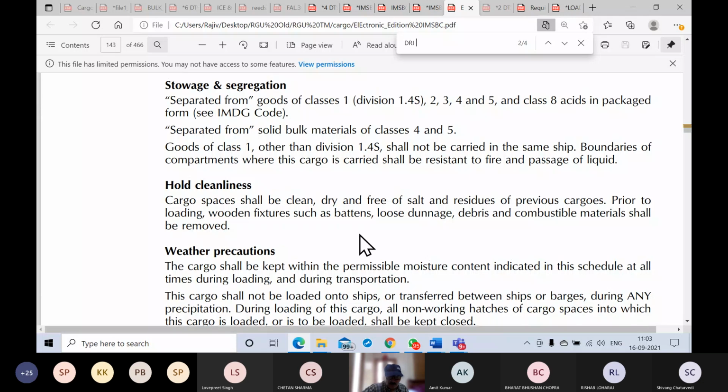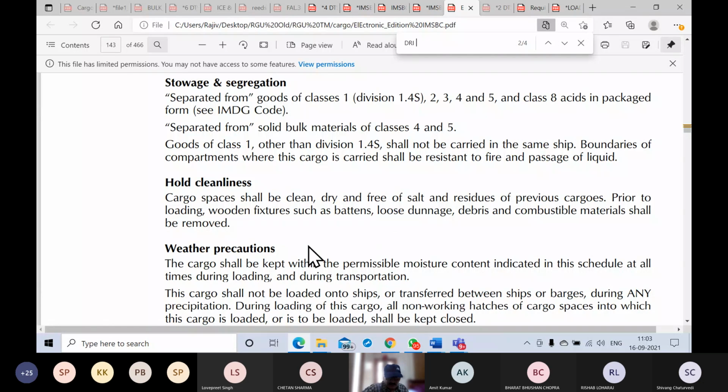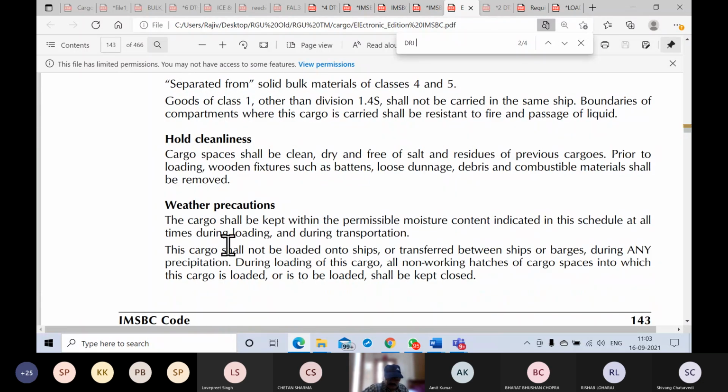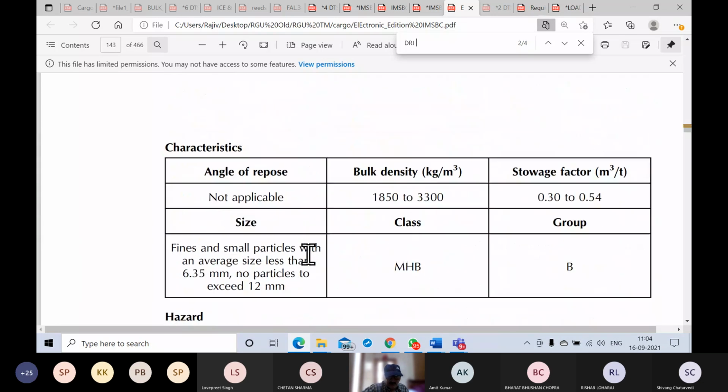Yes, sir. It goes on to say hold cleanliness: cargo spaces to be clean, dry, free of salt, etc. Weather precautions. So, to cut a long story short, this is telling you how you will handle this cargo, which is DRI C.